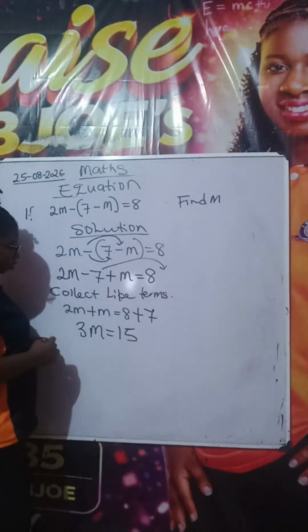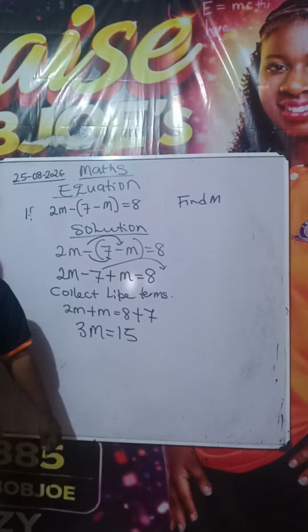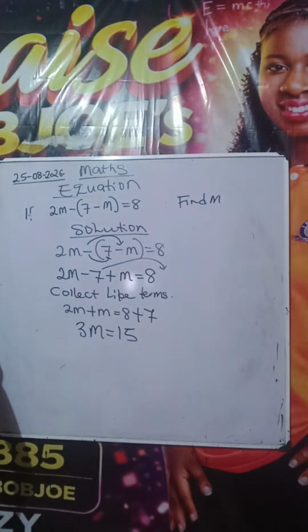Now, next thing to do is to remove this 3 from here. And how do we remove the 3? What are we going to do? What do we do?